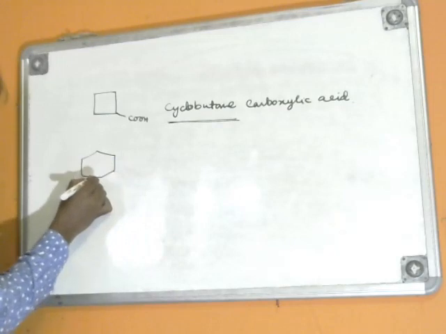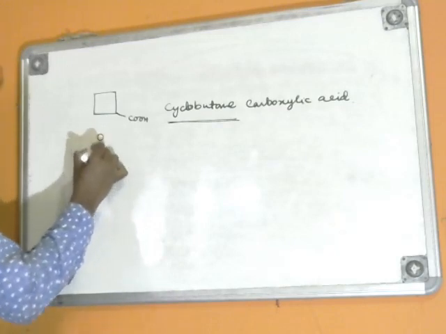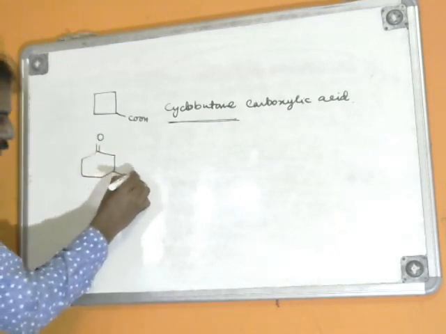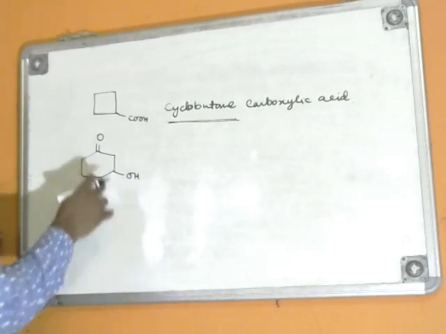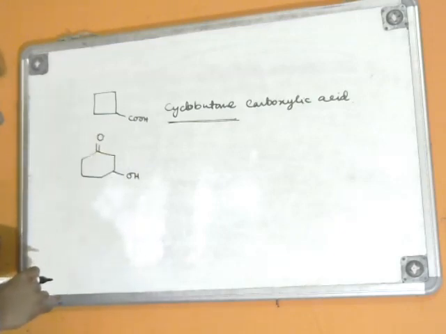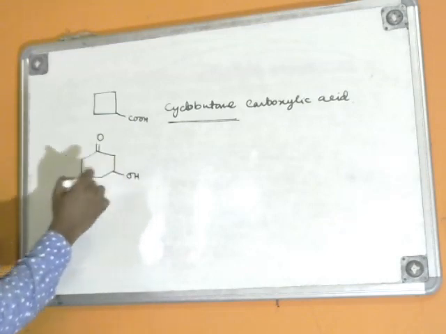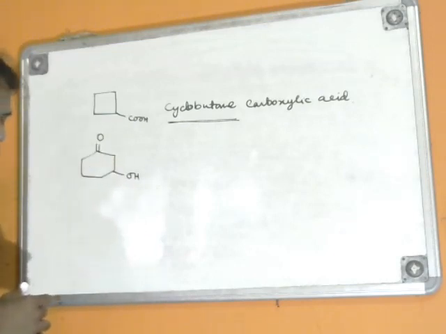This is my example. Double bond, and that is OH. So two functional groups are present. This is a ketonic group and this is an alcoholic group. So in priority order, the ketonic group has higher priority.